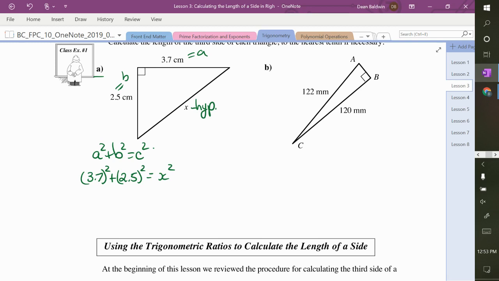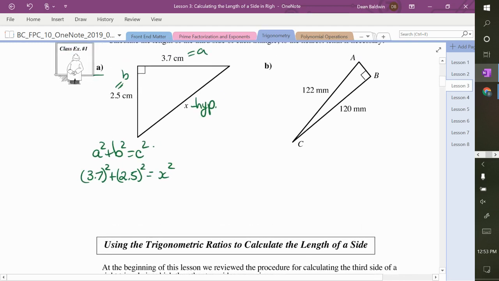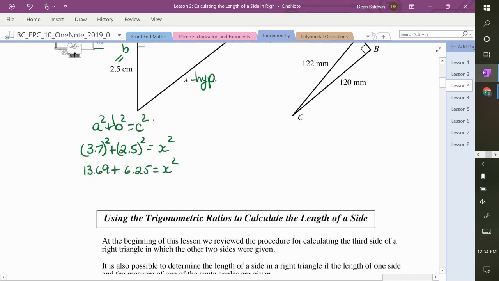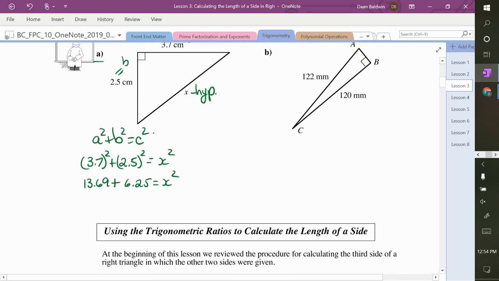What's 3.7 squared? You will need calculators for this unit, people, so please get one because you won't be allowed to use a phone on a test. 13.69 plus what's 2.5 squared? So then if you add those together, 19.94 is equal to X squared.